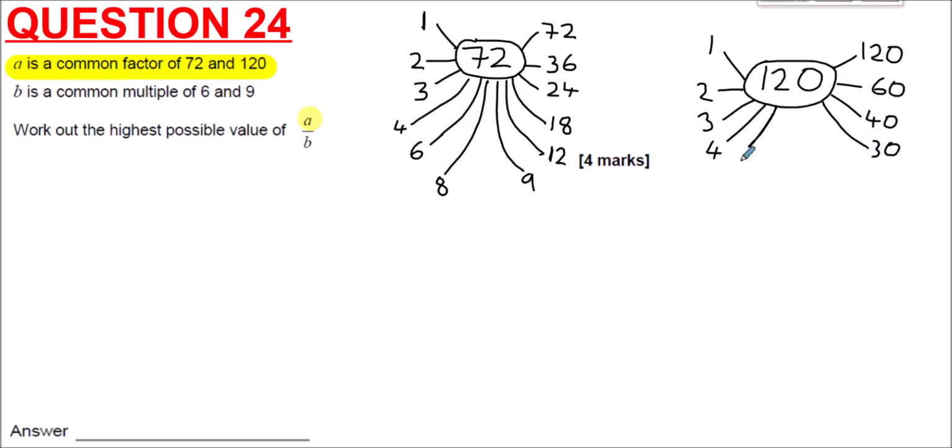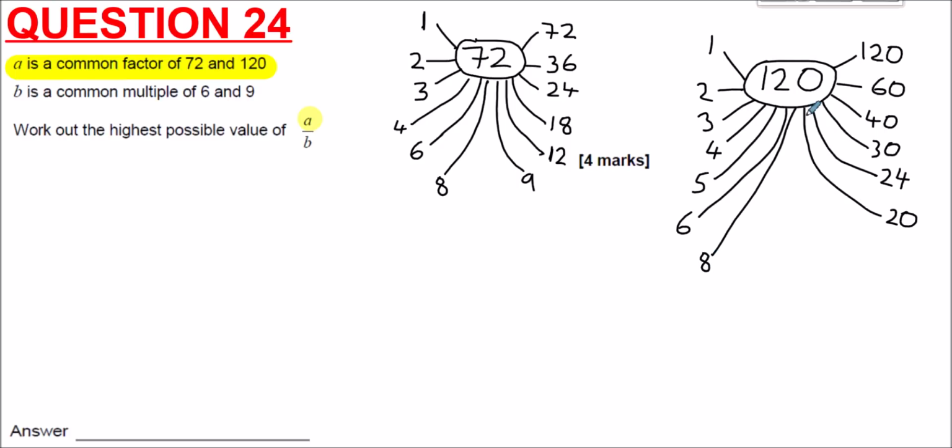We'd have 5 and 24. 6 and 20. We'd also have 8 and 15. And the final two, running out of space, so I'll just put them up here. We'd also have 10 and 12. So lots of different factors of each of these numbers.